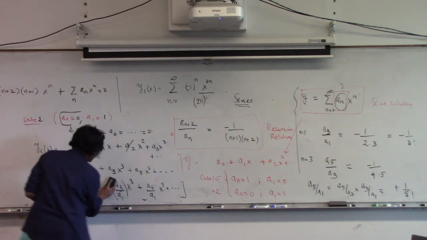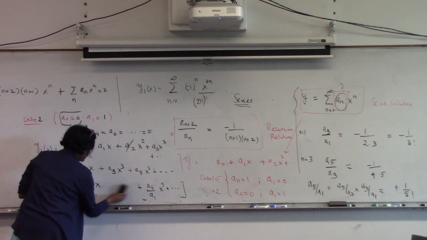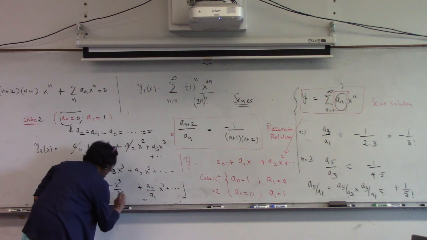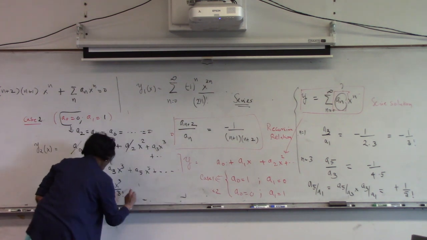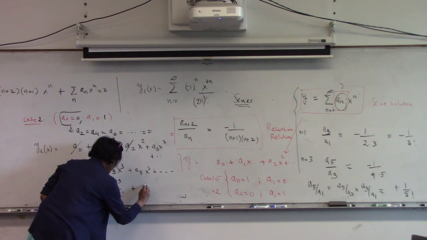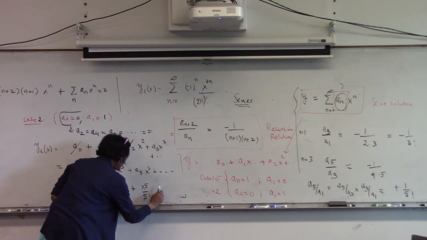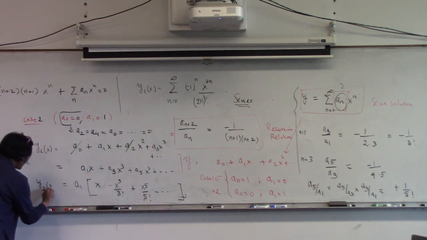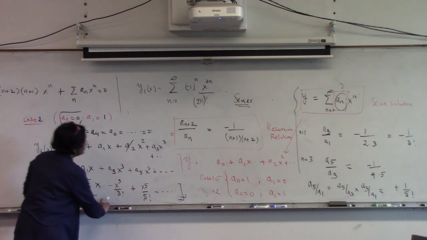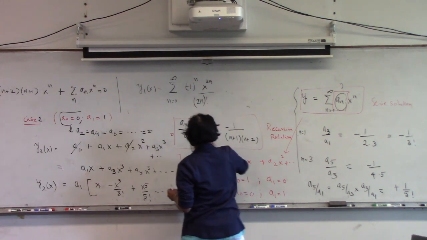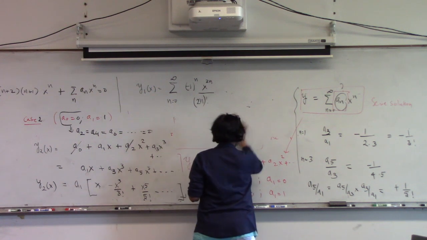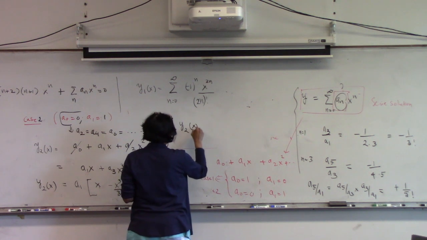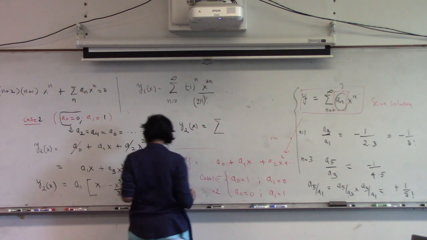So we have minus x cubed over 3 factorial, and this one as plus x to the power 5 over 5 factorial. Next term will be negative. All right, so that is my second solution, y2 of x. So how will I write that series form, the solution, for 1 to write?